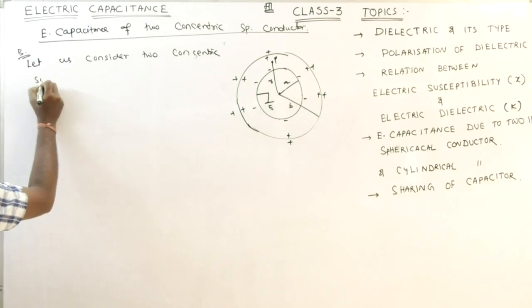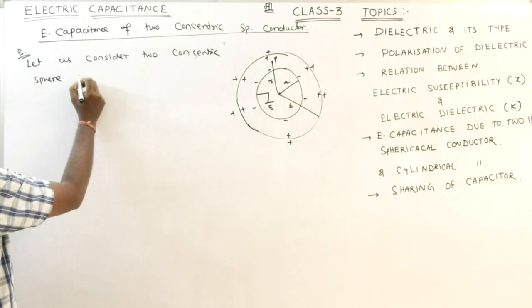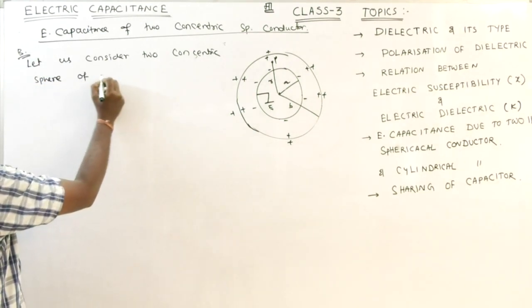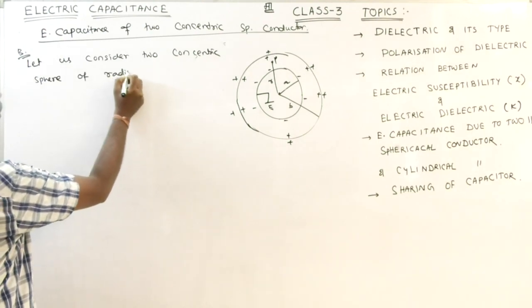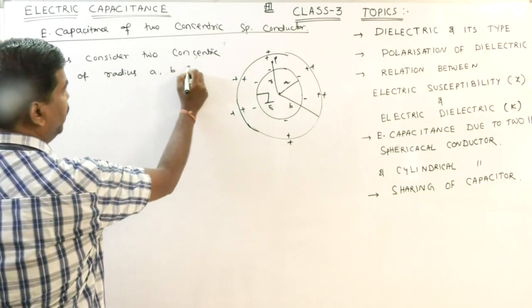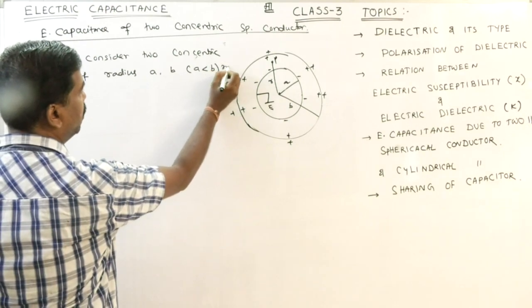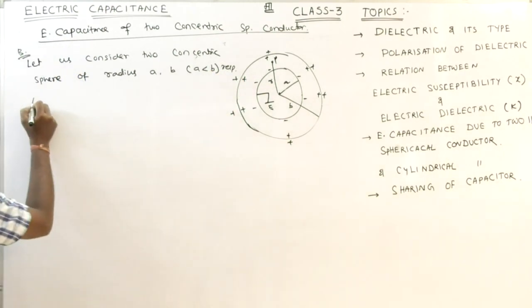Two concentric spheres of radius A and B, with A smaller than B respectively.